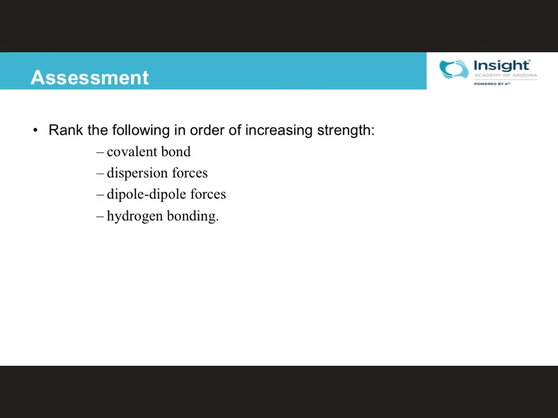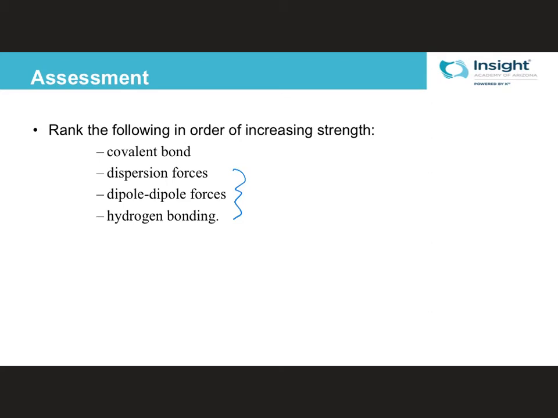So let's rank these in order of increasing strength. We're going to start with the weakest one and go to the strongest one. If you start with these 3 and can get those in the right order, that's awesome.